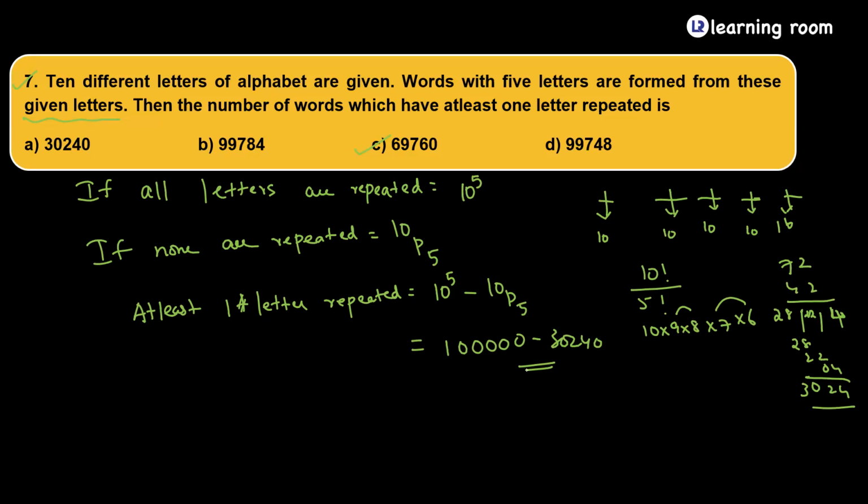Two letters repeated means you have to sit and write all the combinations. At least means you take the complement. For example, keeping this method aside, if at all you want to do an alternate method, you had 10 letters. From the 10 letters, how many blank spaces do you have? 1, 2, 3, 4, 5.